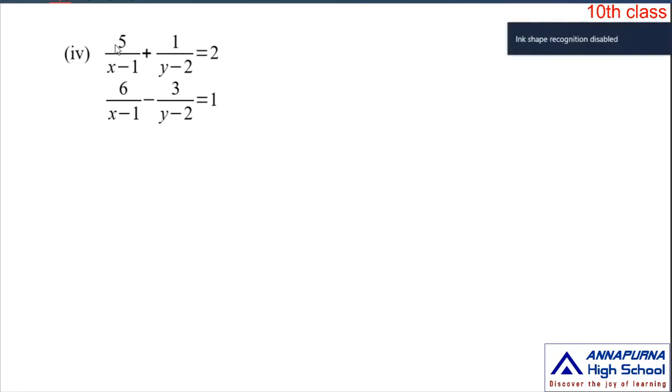In the fourth one, the given pair of equations are 5 by x minus 1 plus y by y minus 2 is equal to 2, and 6 by x minus 1 minus 3 by y minus 2 is equal to 1. We reduce these two equations to linear equations and then solve them, because they are not linear equations: the variable terms are in the denominator.